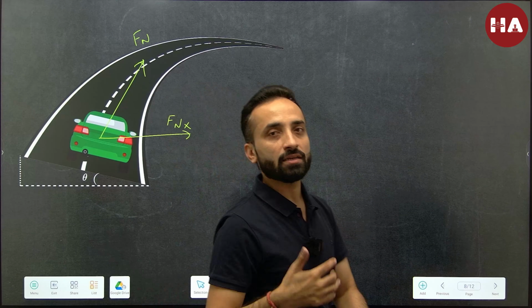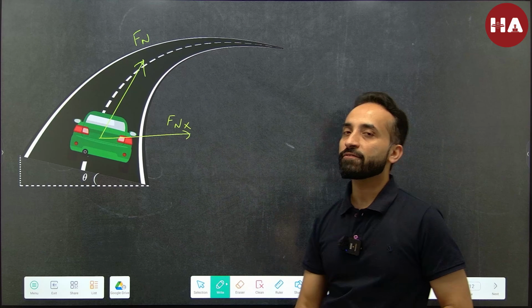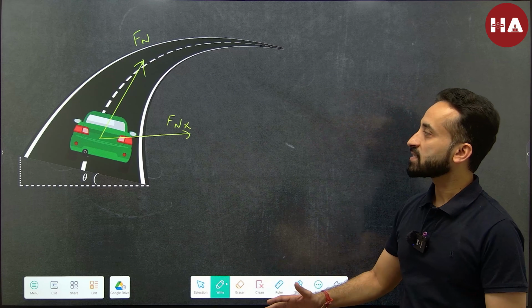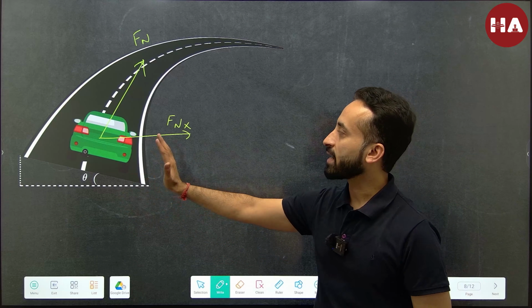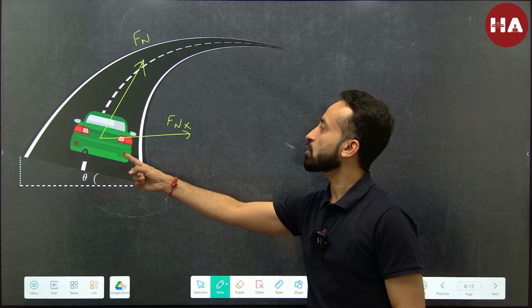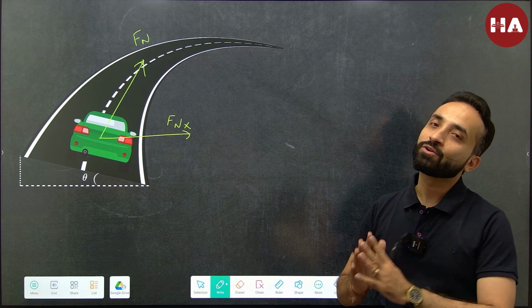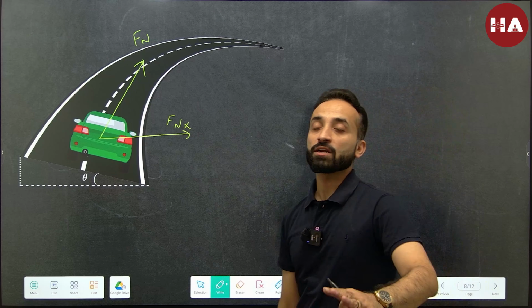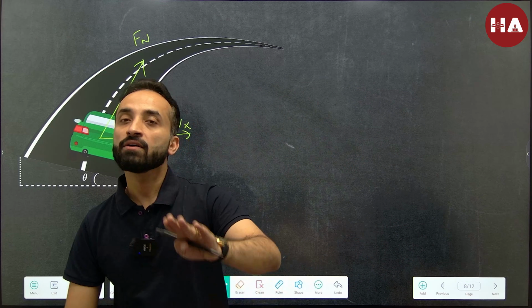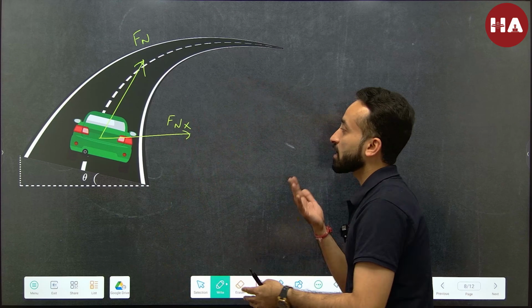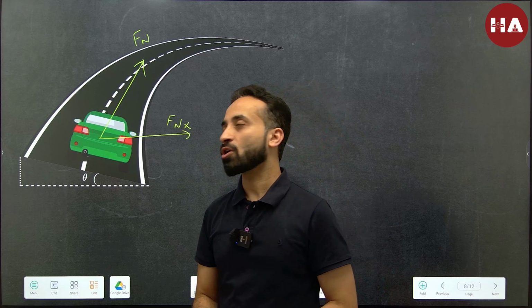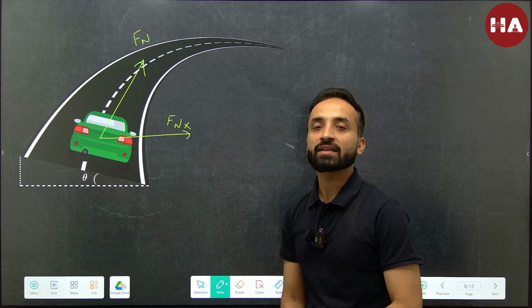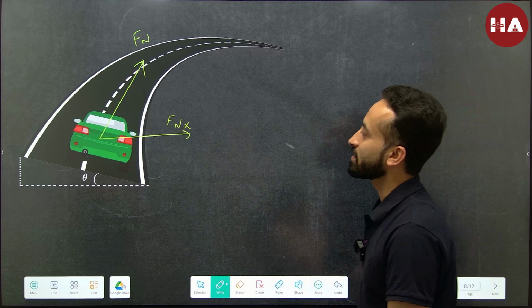Just to take the turn at a higher speed, what have we done? We have basically tilted the road, and by doing that we are getting a component of the normal contact force, which is huge, to take the turn. So we are not only relying on friction here. Friction is of course there, but apart from friction there is a component of this normal contact which is going to help you take the turn.